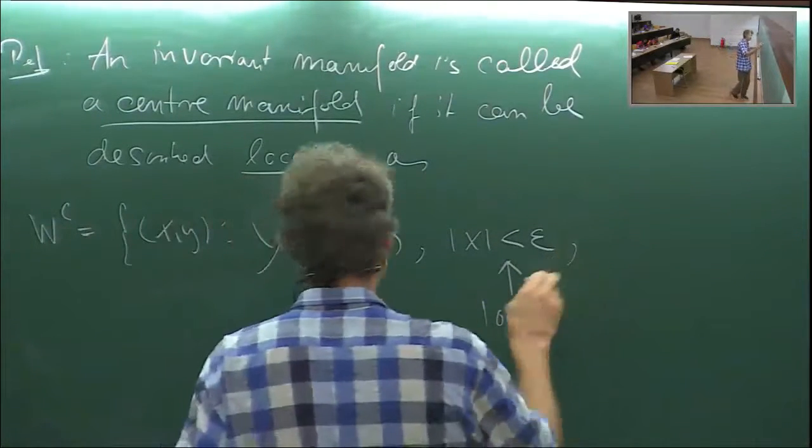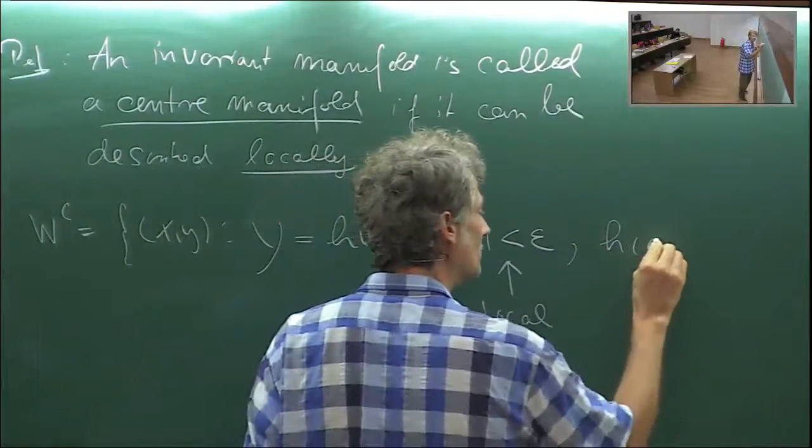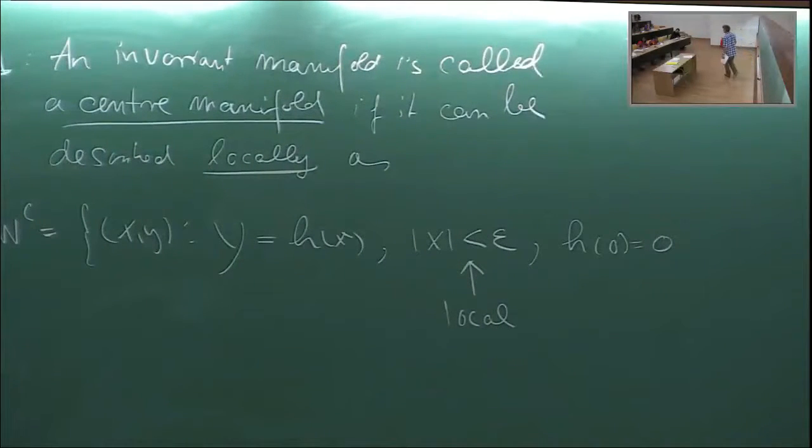And we want that near the fixed point, the 0 remains the fixed point. So we want that h of 0 is 0, because that's our fixed point y equal to 0. And we want it to be tangential to our center space at 0.